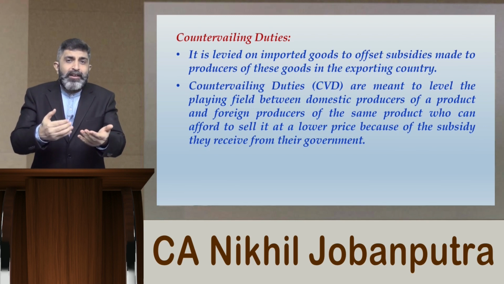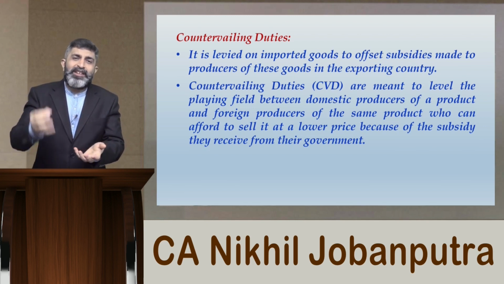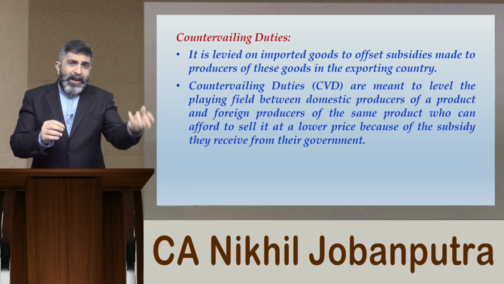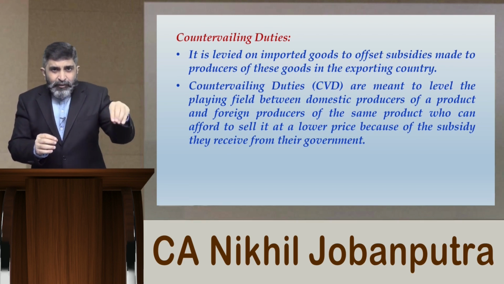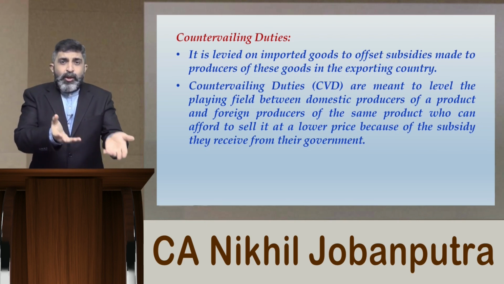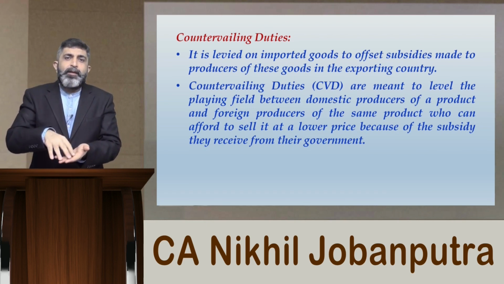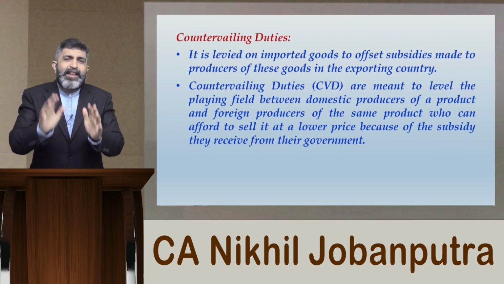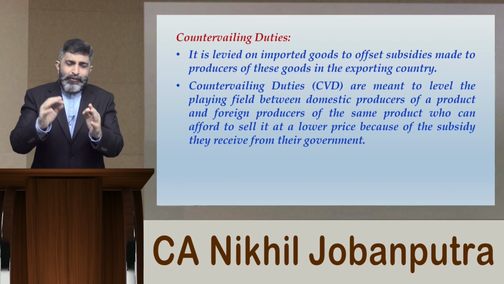How can we counter it? By imposing countervailing duty. Whatever their government is providing them as incentives, that much duty you levy on such goods so that the cost of those goods in India is fairly competitive to the domestic market, and that duty is what we call countervailing duty.